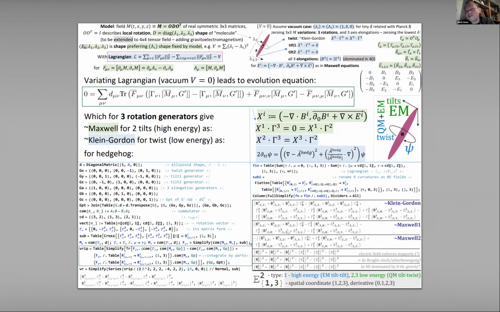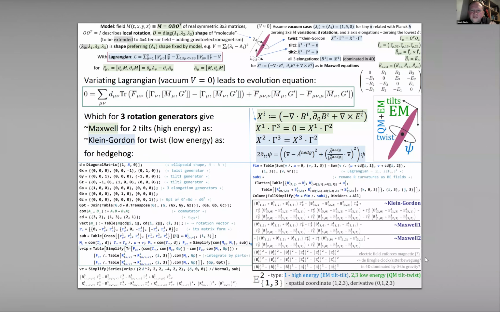Also, let me go slowly. Here is a mathematical derivation available on GitHub. I just put in this simpler Lagrangian and calculate the 3 Euler-Lagrange equations for these 3 generators, the rotations of this long axis and the twist, and I get automatically the Maxwell equations for the two tilts, and for the twist I get a Klein-Gordon-like equation.